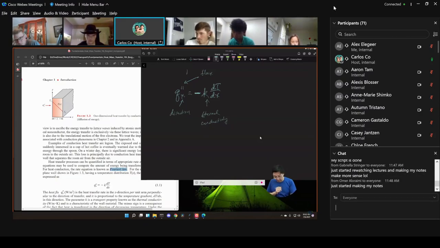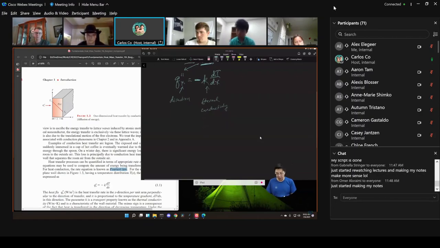Now the key word to remember in transport and engineering is the word flux. When someone says flux in engineering, let's say magnetic, a flux always refers to something on a per area basis. So when someone says heat flux, they're referring to joules per area per second.